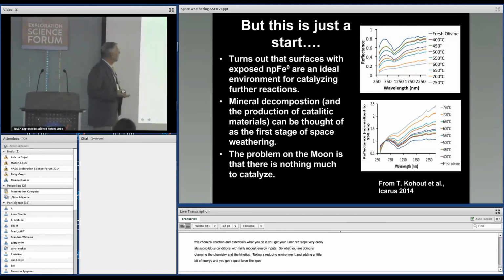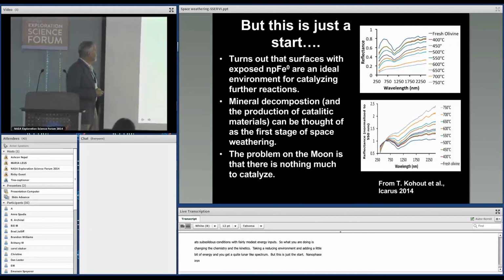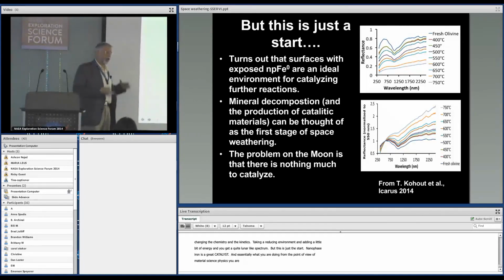But this is just the start. Nanophase iron is a great catalyst. From the point of view of materials science and physics, you're decomposing this mineral. However you do it, you're making this mineral more disordered, less optically active.